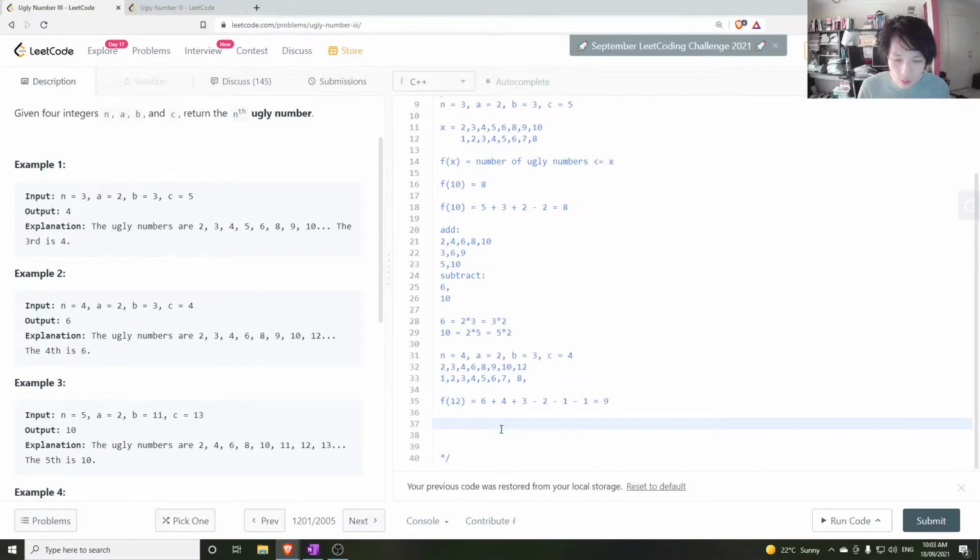Well, let's consider what everything is. For 2, 3, 4, we have the multiples of 2: 2, 4, 6, 8, 10, and 12. We have the multiples of 3 as 3, 6, 9, and 12. We also have multiples of 4 as 4, 8, and 12.